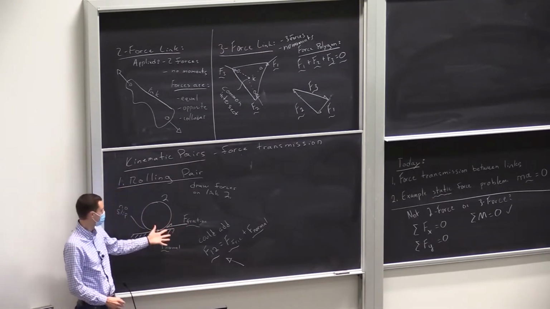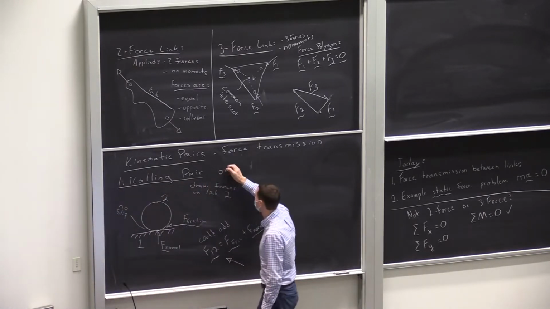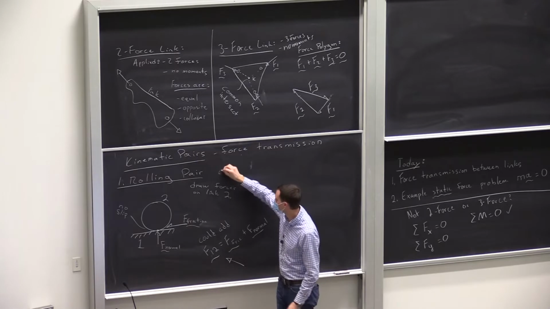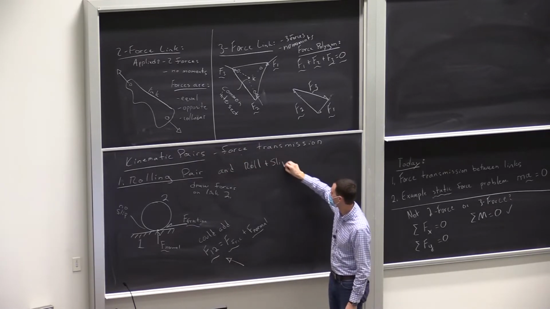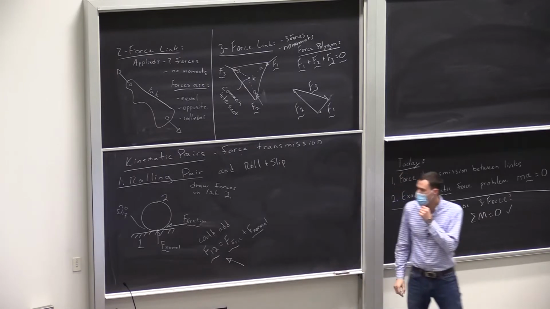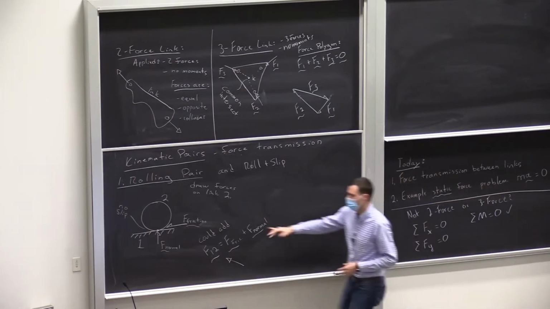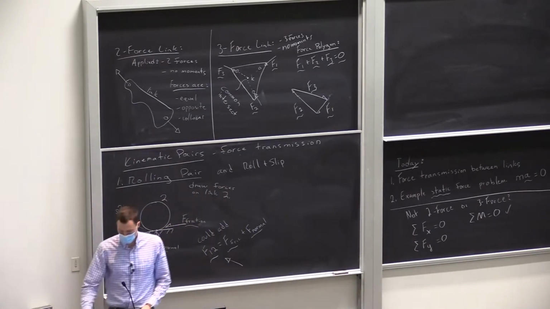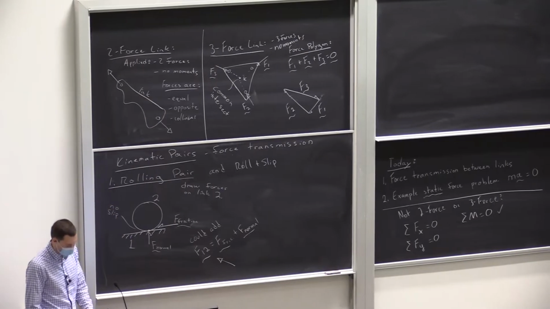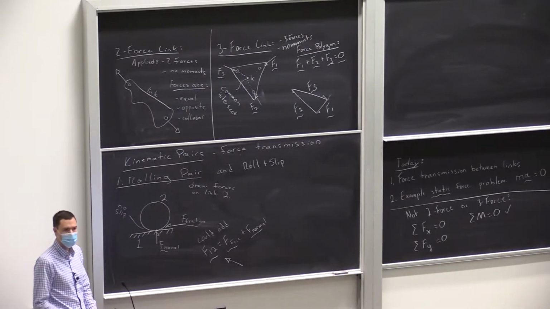But the diagram's the same for rolling, and roll plus slip. Same diagram, same forces. They're just applied at the contact point. And you need to know something about your mechanism to know if there's friction or not there. We'll assume that you know that, or you could neglect it, depending on what's going on. Any questions about our rolling pair? This one's pretty straightforward. Yeah.